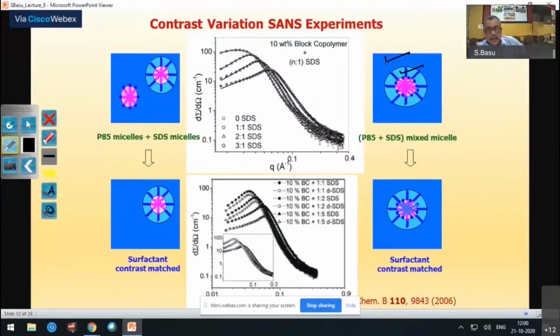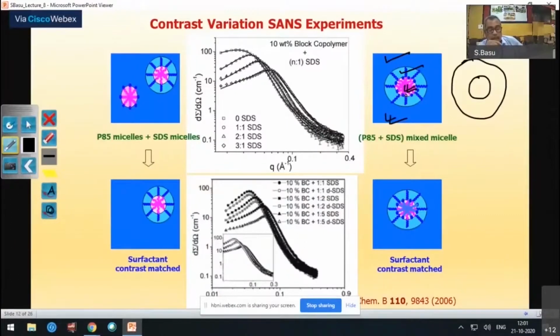I can make an H2O D2O mixture and make, let us say, this part match with this part. In that case, your neutron scattering will probe a shell of the outer body, and this is extremely beneficial.